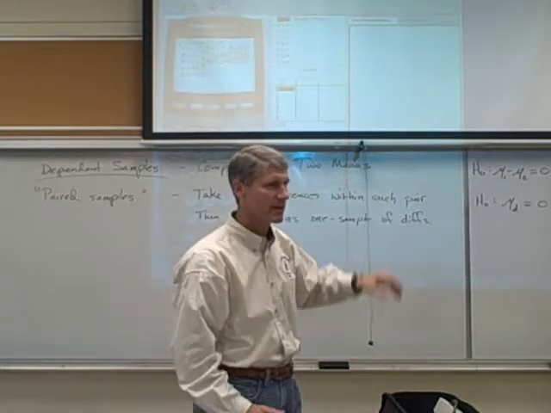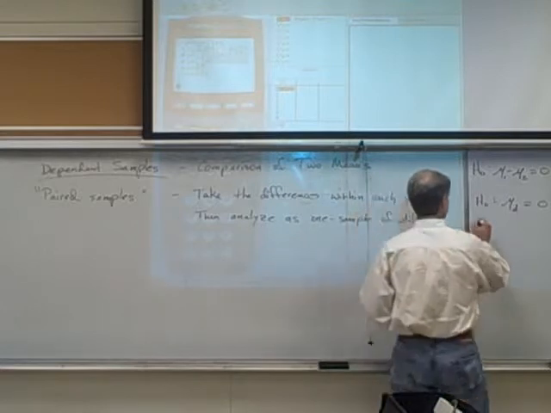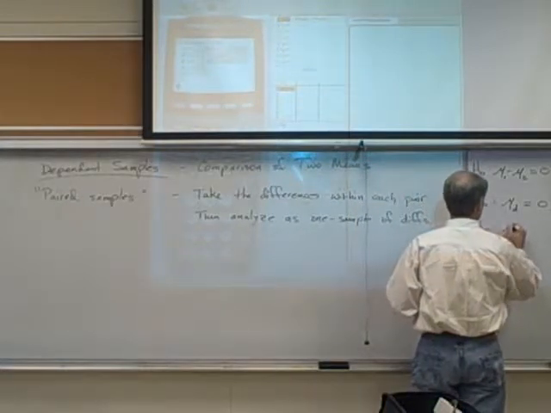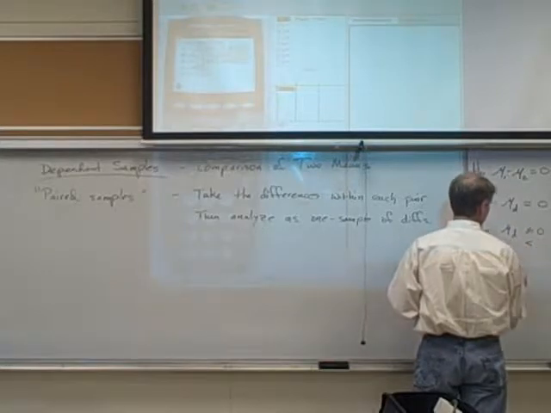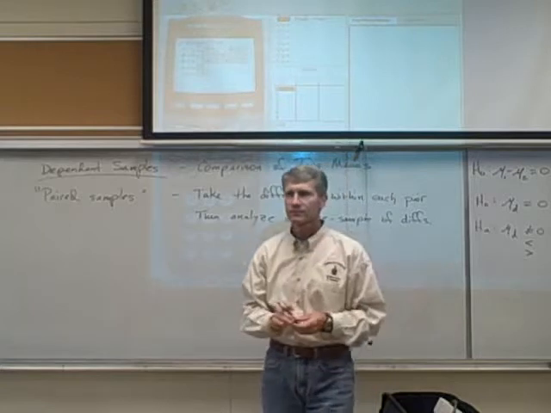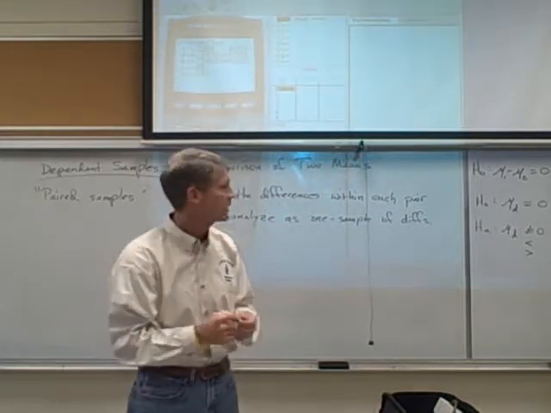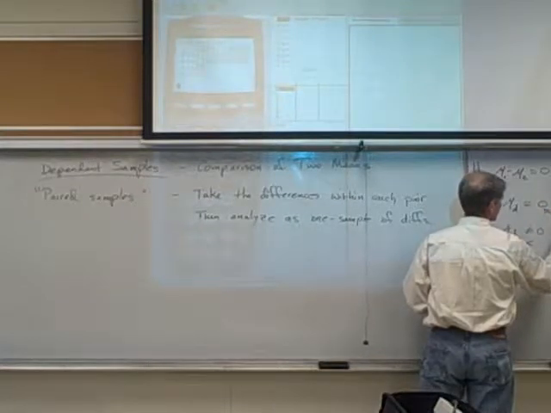So those are equivalent hypotheses. The alternative hypothesis is that the mean difference is not 0, or is less than 0, or is greater than 0. But almost always, this value is going to be a 0.